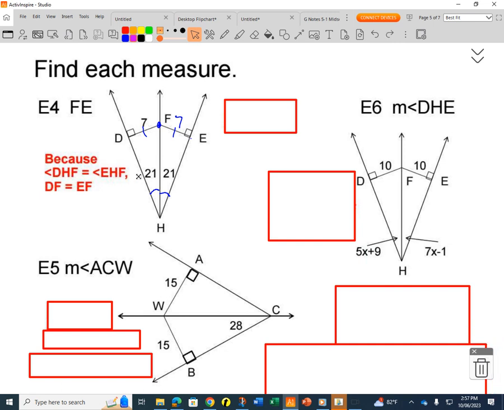Because angle DHF is congruent to angle EHF, now we know that segment DF is equal to segment EF. So now we know that FE measures 7.